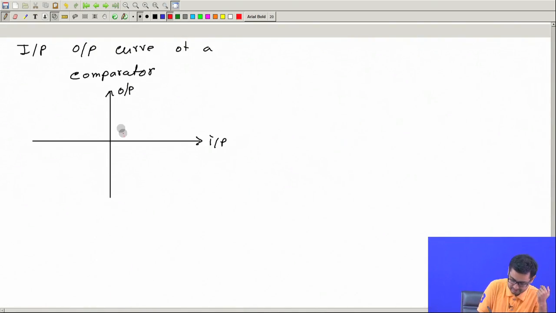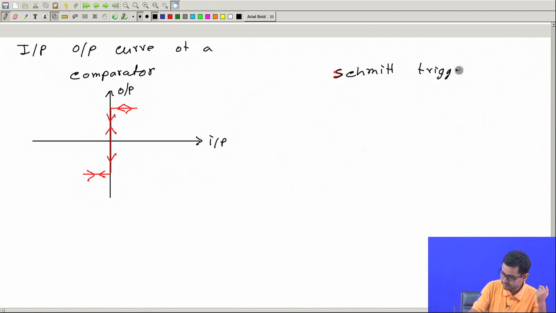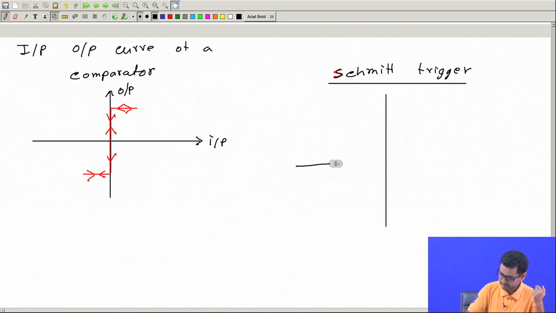I'll just tell you. It will just look like this. Okay, and if you want to put arrows, you can put the arrows like this. So this is for a comparator, and for Schmitt trigger, it is like this.